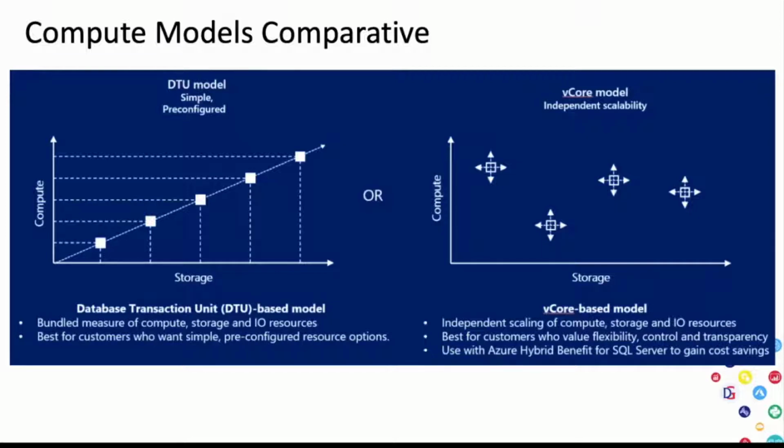In comparison, you can see on the left side the DTU model and the vCore model, which is independent and scalable, independent for scalability and IO resources, and best for customers to gain value. This model is what is used for Azure Hybrid Benefit, which is how we see the cost savings for Azure SQL.